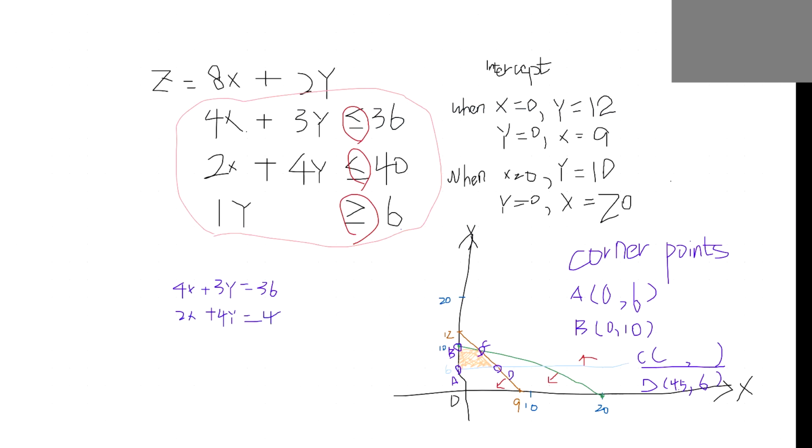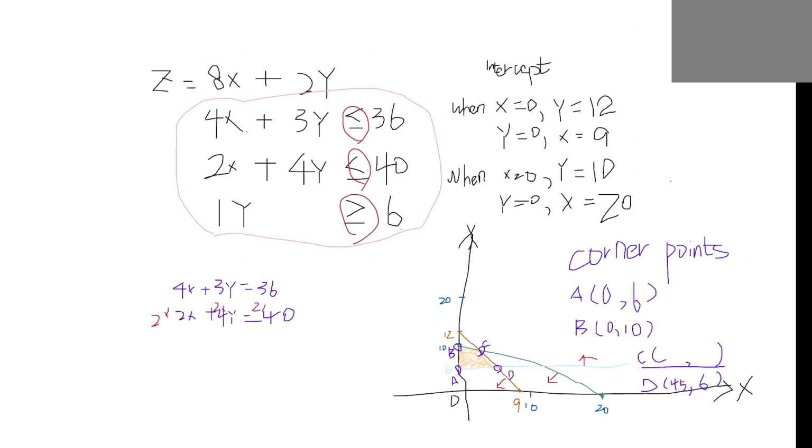Now I want you to make one coefficient the same as the other. Look at 2x, I'm going to multiply here by 2, and 2 here, and 2 here.